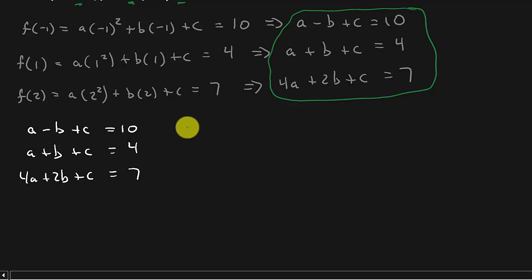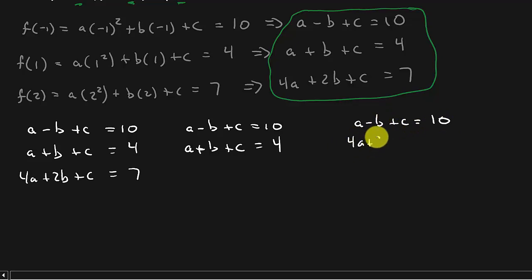I'm going to take the first equation, a minus b plus c equals 10, and pair it with the second one. And then I'm going to take the first equation and pair it with the last one.